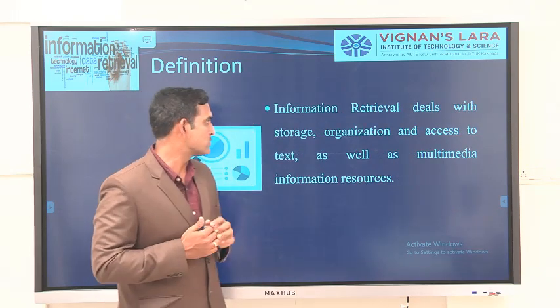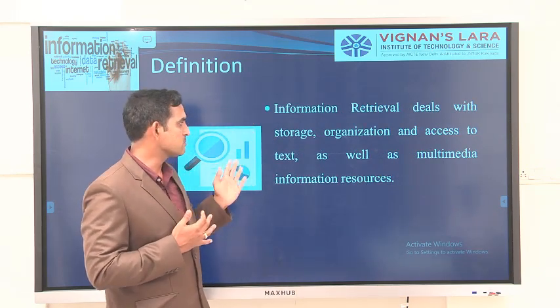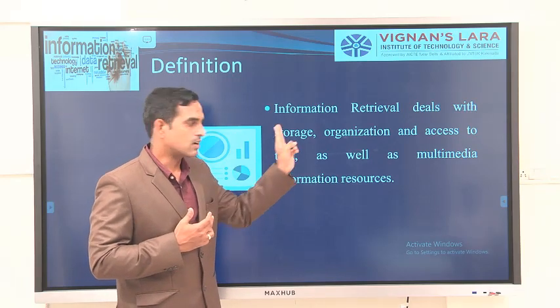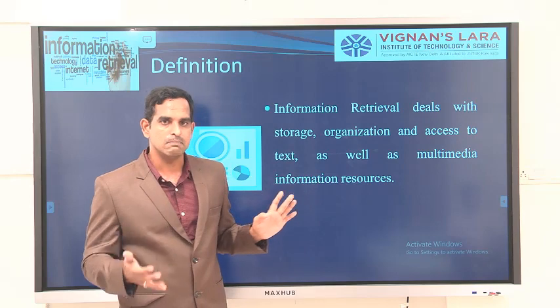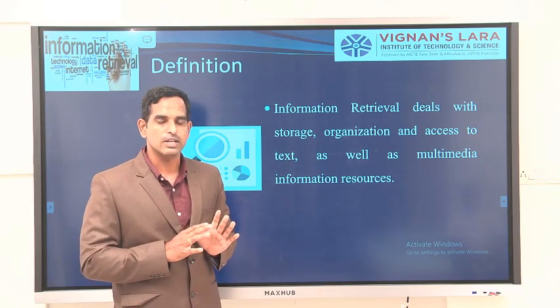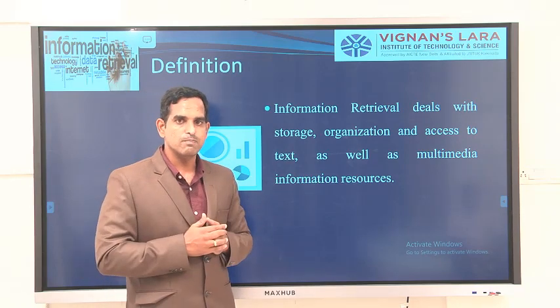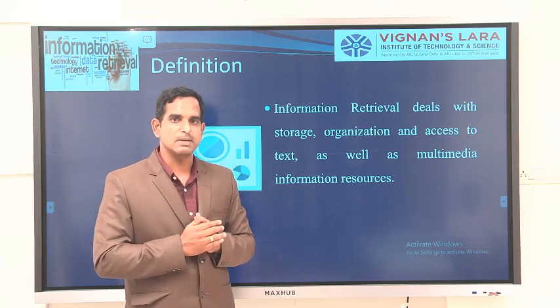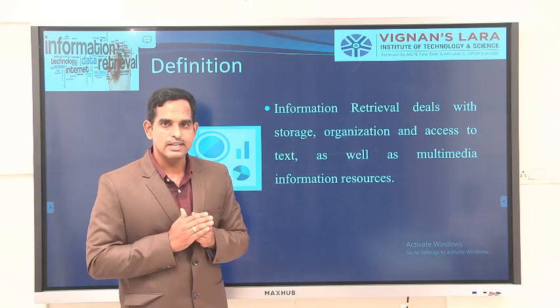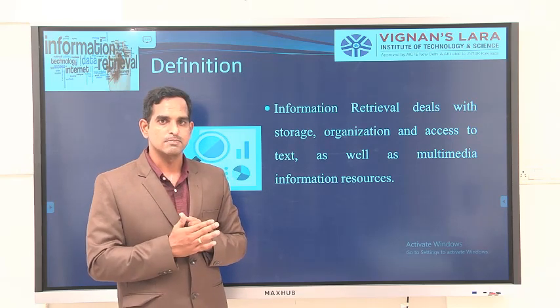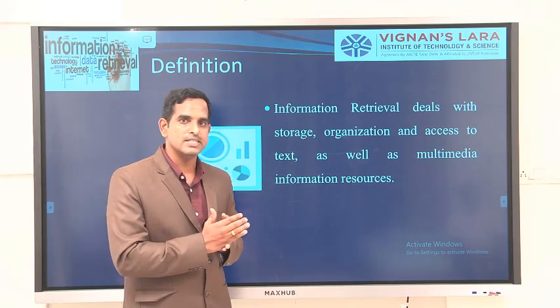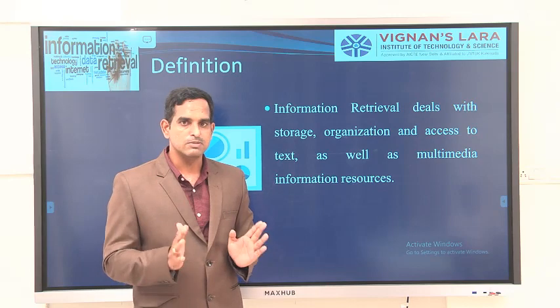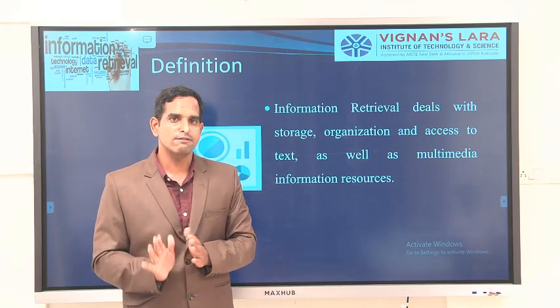As I already told you, an information retrieval system deals with storage, organization and access to text as well as any other multimedia database. So you should be able to store, manage that storage, and then access the data. That data could be text data, image data, subject data or any other field of area.